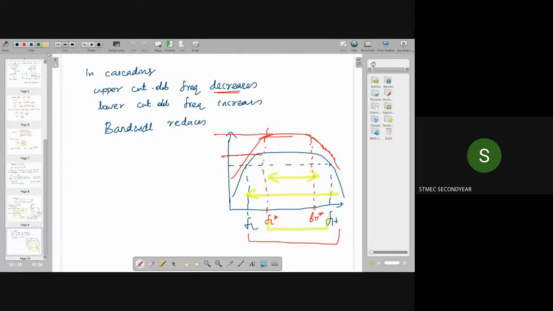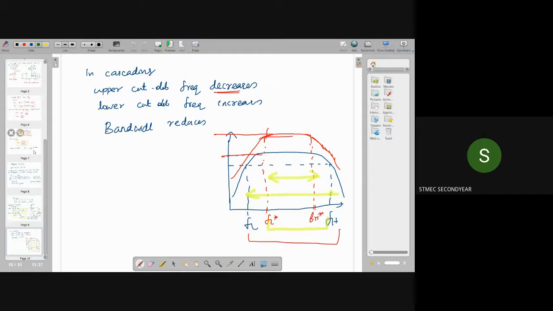As the name indicates, we are connecting a number of amplifiers together, in series or cascade connection, mostly cascade connection. When you cascade the transistors together, our gain will increase and bandwidth will decrease.